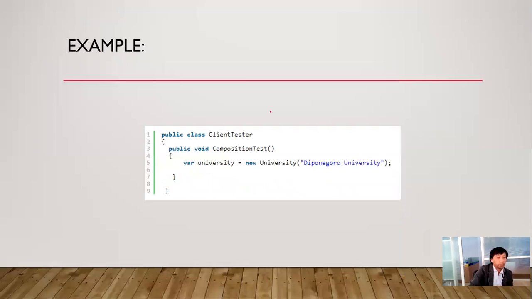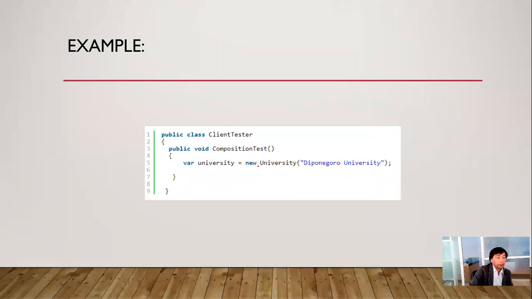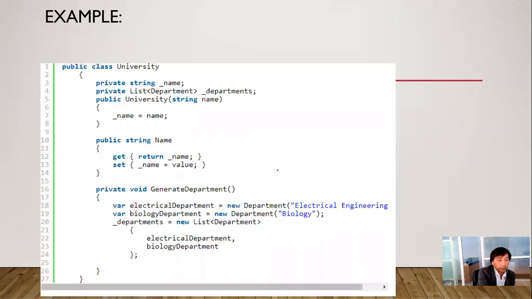So the main application will only create the parent object, like this one. It's not necessary for you to create the child object because it's already generated whenever the parent object is created.